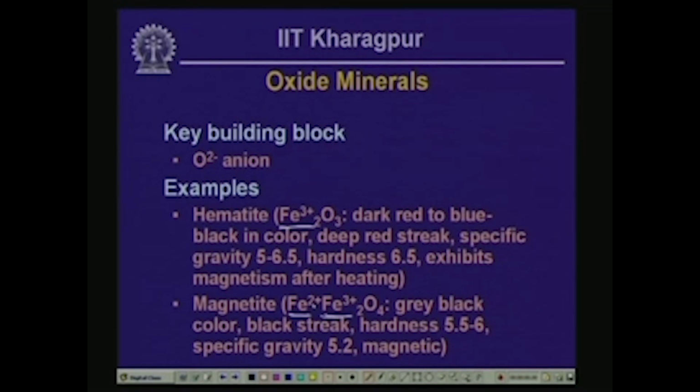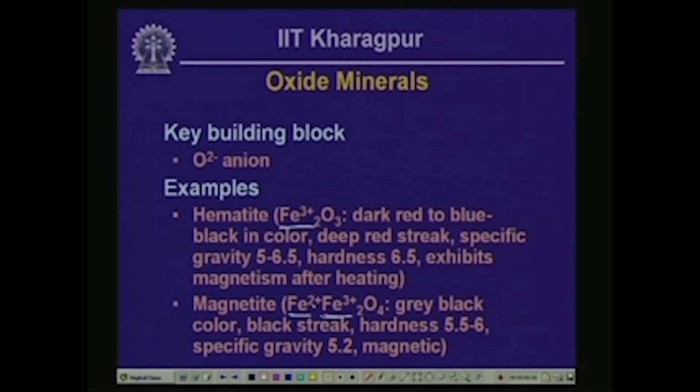It has a black streak, a deep colored streak again, and it has a hardness of 5.5 to 6, which is not very different from hematite, slightly lower perhaps, and a specific gravity of 5.2, also well within the range of hematite.